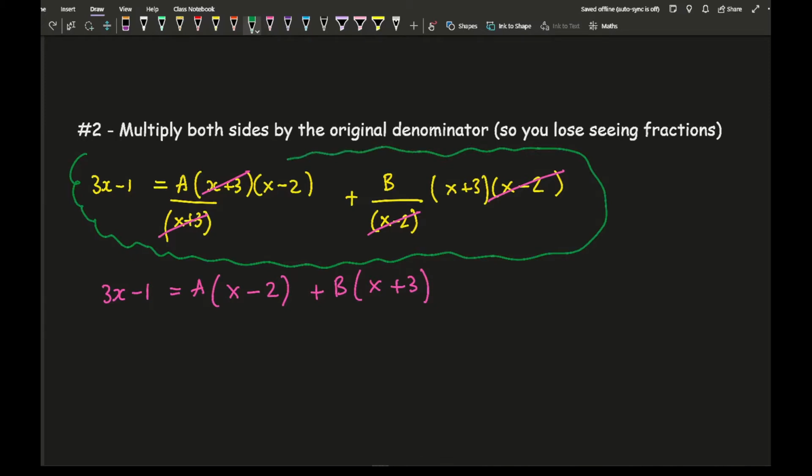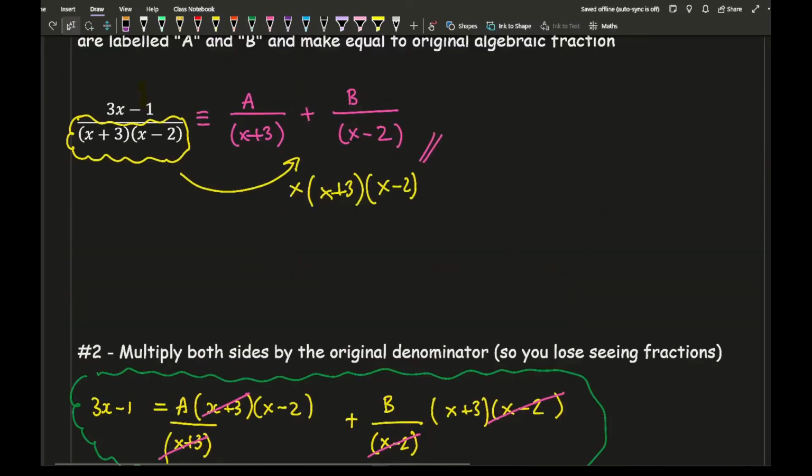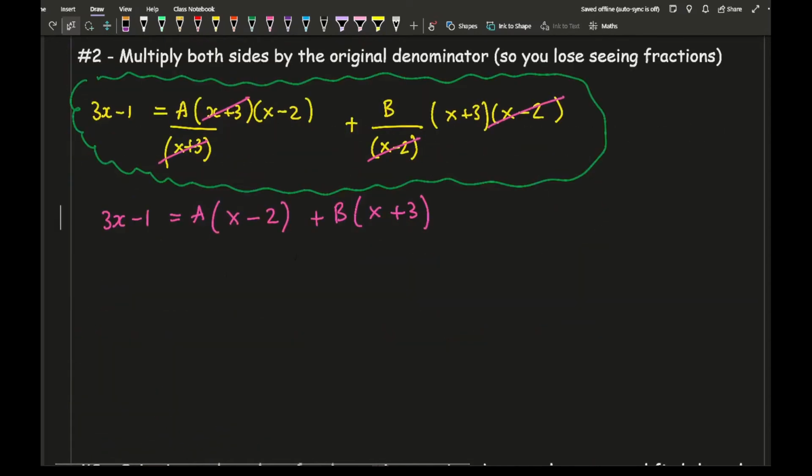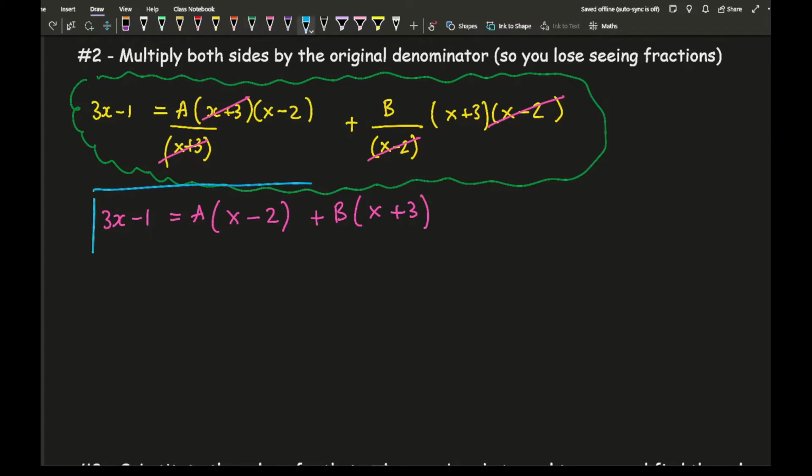With practice, you'll be able to go straight from step 1, if it's given to you in the question, or if you need to do it yourself, straight onto this line here. And there we go. That's our first stage of multiplying both sides by the original denominator, and we can no longer see any fractions. So this is what I'm going to be taking over to the next stage.